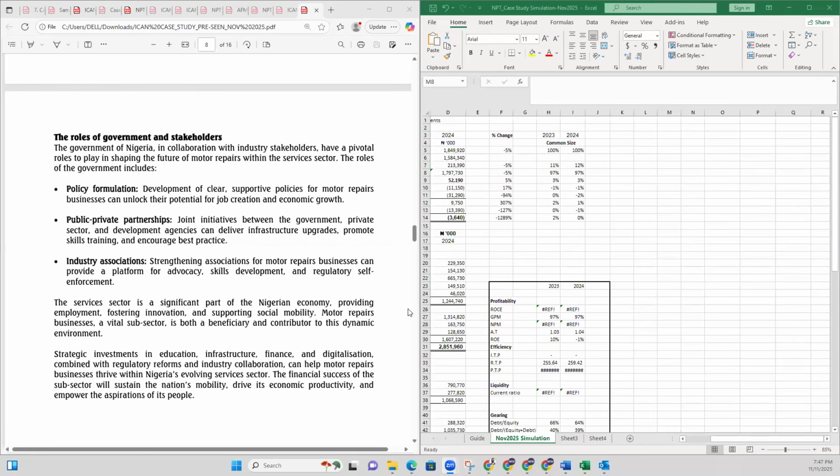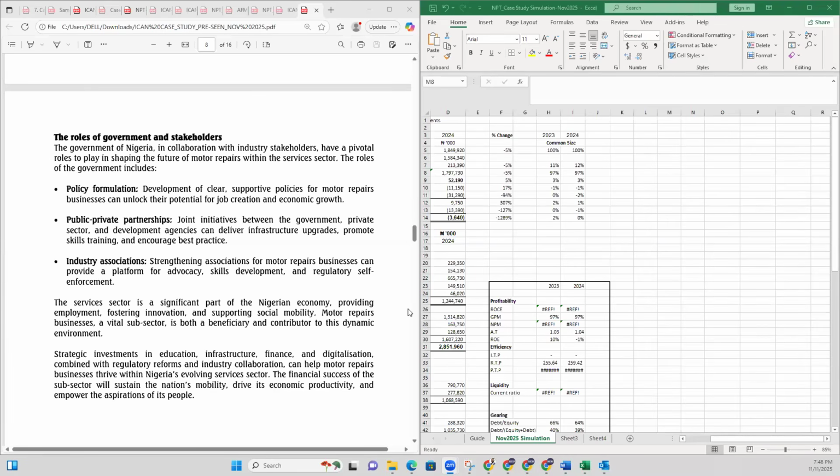The services sector is a significant part of the Nigeria economy, providing employment, fostering innovation, and supporting social mobility. Motor repairs businesses, a vital subsector, is both a beneficiary and contributor to this dynamic environment.